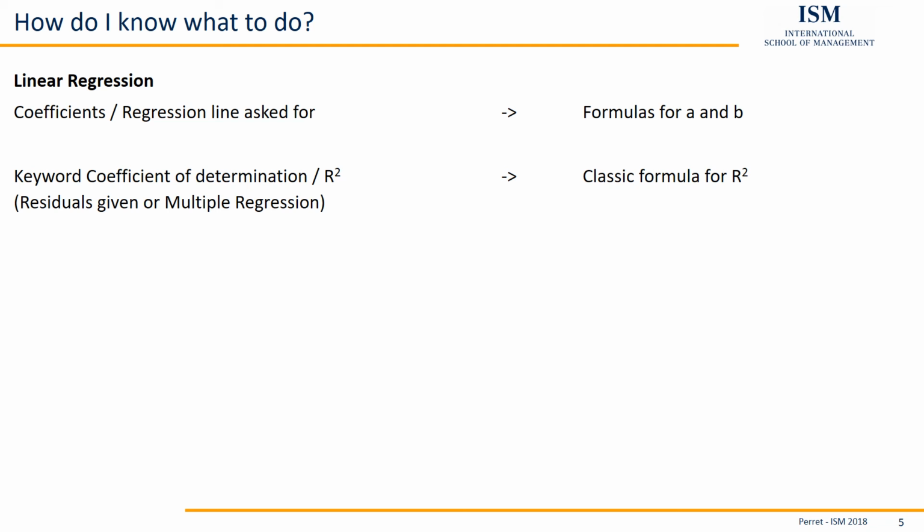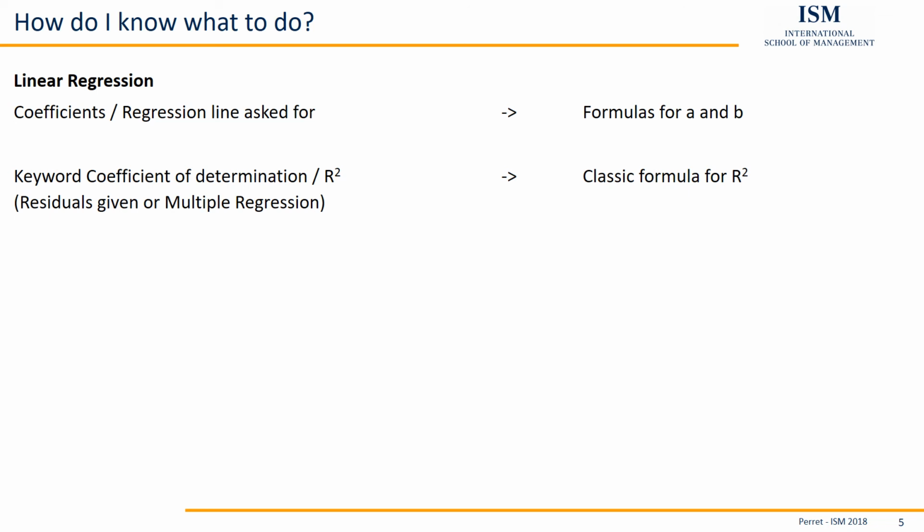Then you could use the classical formula for R squared. In all other cases, so meaning if you have a simple linear regression, so only one x variable, then this would be overkill to first calculate the residuals, then calculate the R squared with a classical formula.